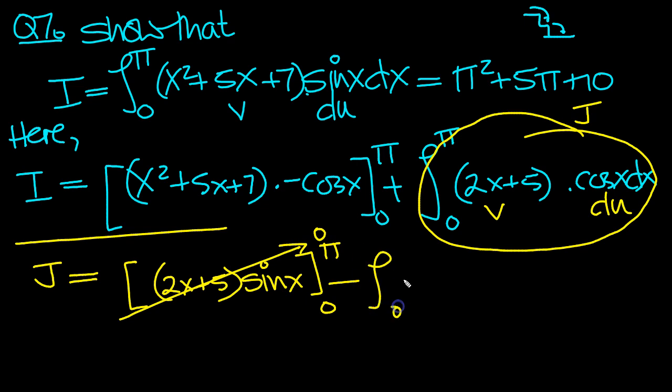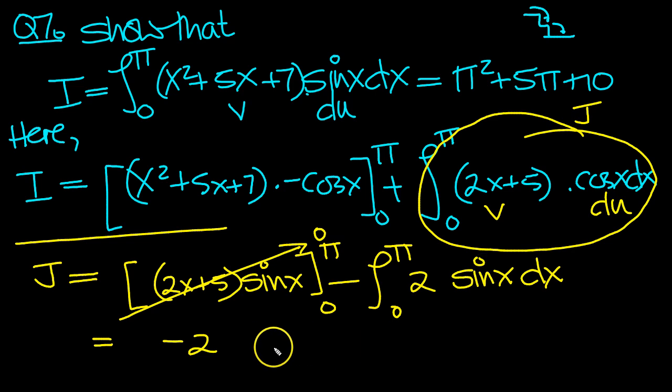Minus the integral between 0 and pi then, of u dv dx, which is, u is the integral of cos, which is sine, times dv, which is 2. So we get here minus 2 lots of the integral of sine, which is minus cos, so it's cosine of x we can write down.